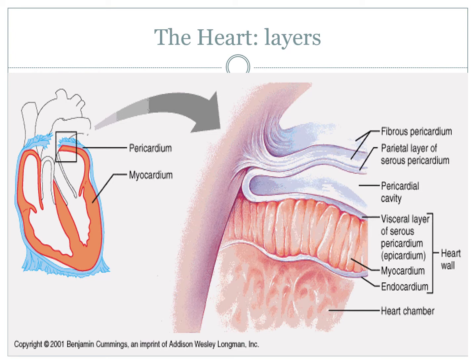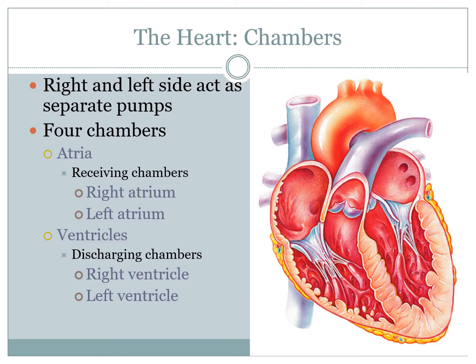So talking about the chambers of the heart, we know very well, hopefully, that there are 4 chambers found in the heart. So there are 2 atria, or 2 atriums, and there are 2 ventricles. The best way to think of the atria is that they are the receiving chambers of the heart, left and right, and they feed the ventricles, which are the discharging chambers of the heart.